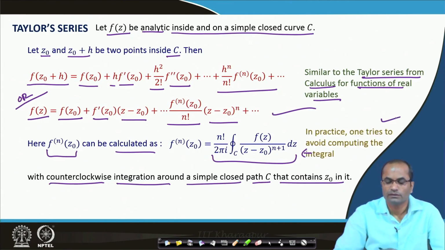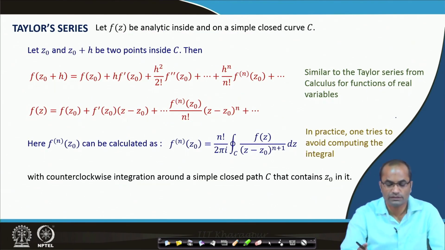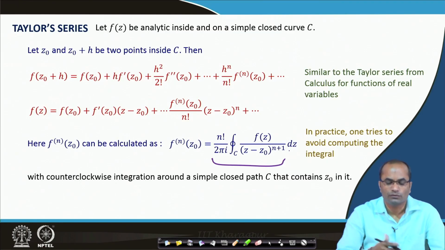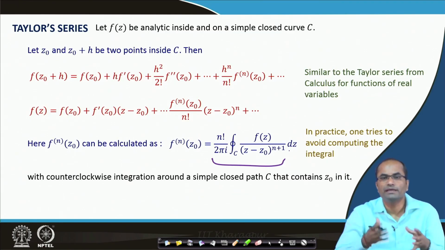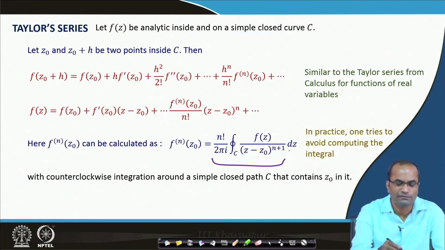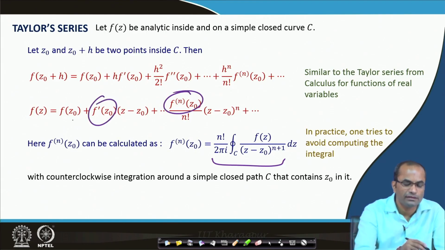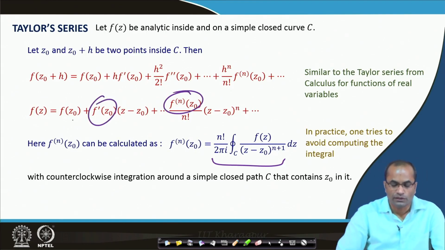So, in practice one tries to avoid computing this integral because computing these integrals may not be easier. So, we will see the practical approach, that how we can avoid computing these derivatives which are appearing in this Taylor series.